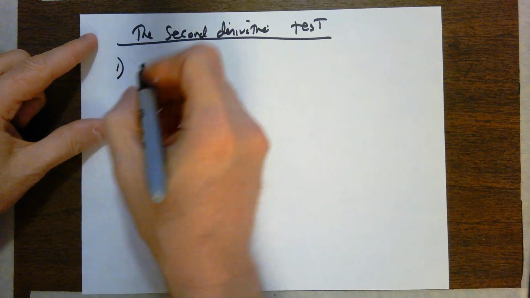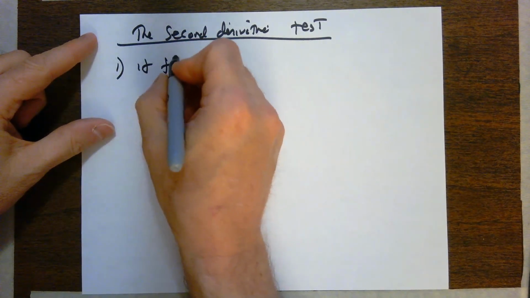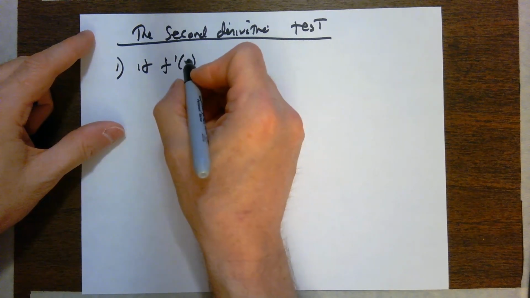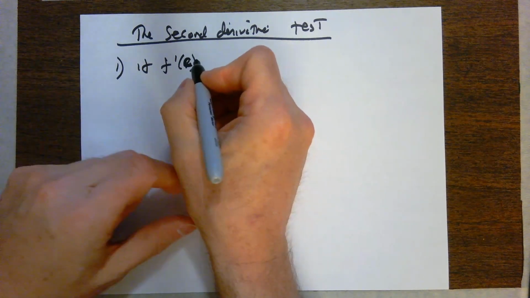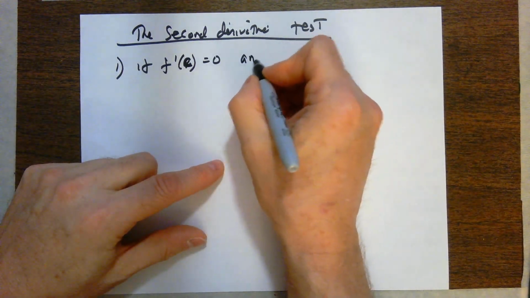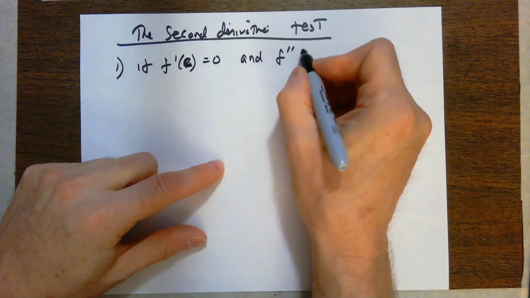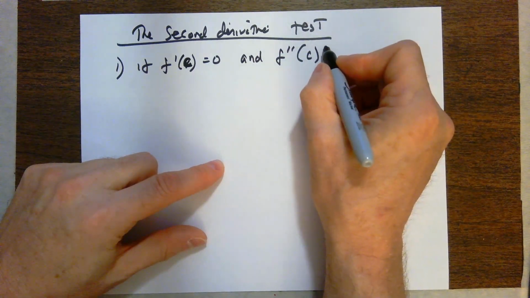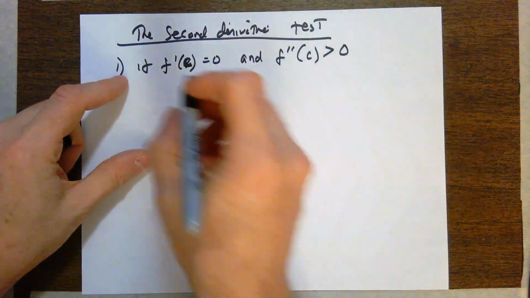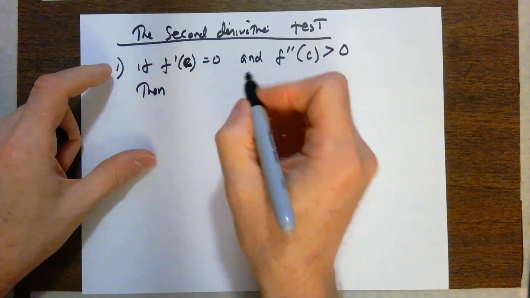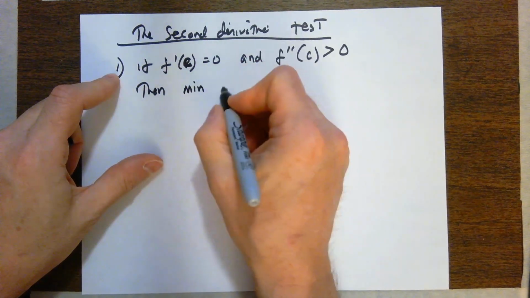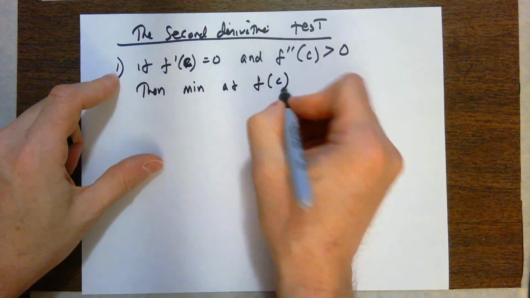All right, the second derivative test tells me this, that if the first derivative at some point c is equal to 0, and the second derivative at c is positive, then what's happening? I have a minimum at f of c.